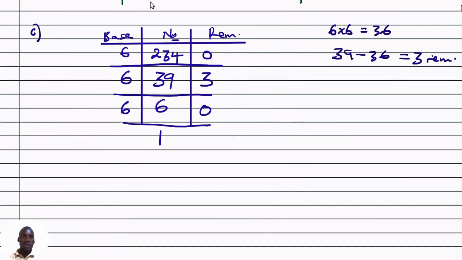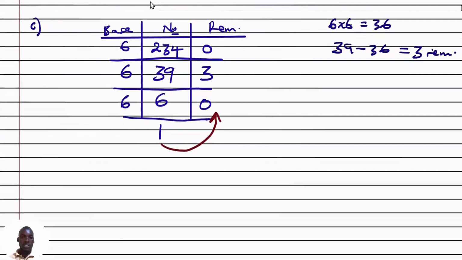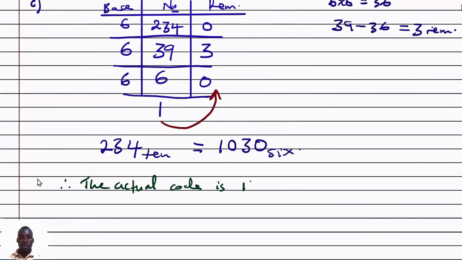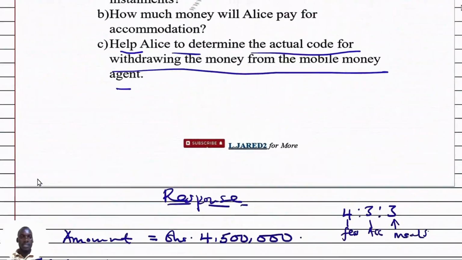That means we are going to write, taking that direction, the actual code. We can say that 234 base 10 is the same as 1030 base 6. But this is not our conclusion. We can now conclude that therefore the actual code is 1030 for withdrawing the money. So this has been our part C, and it is the last part.